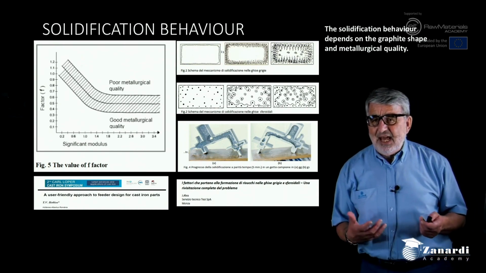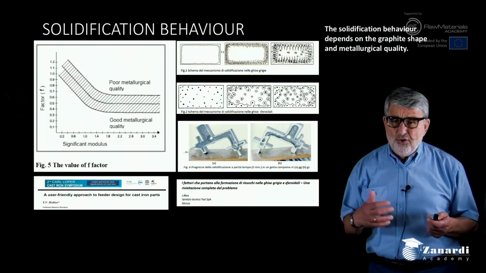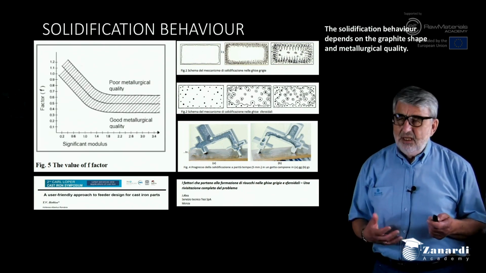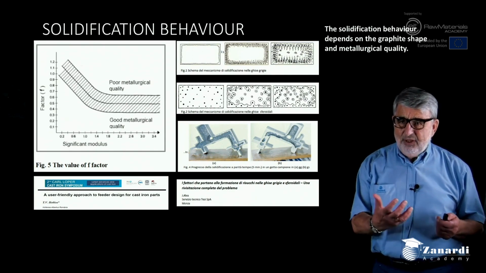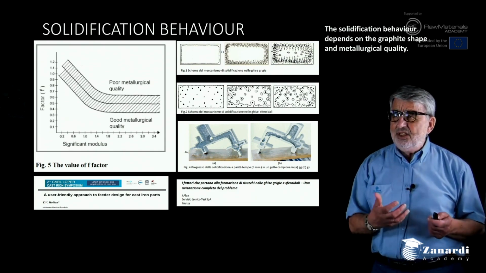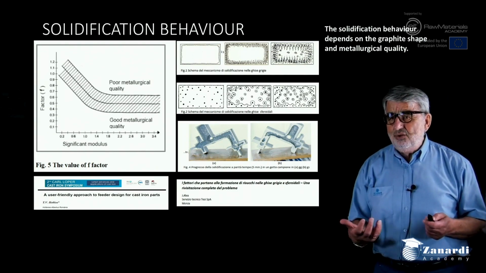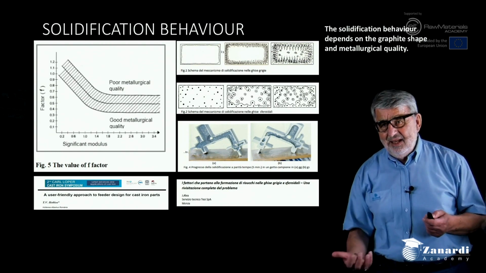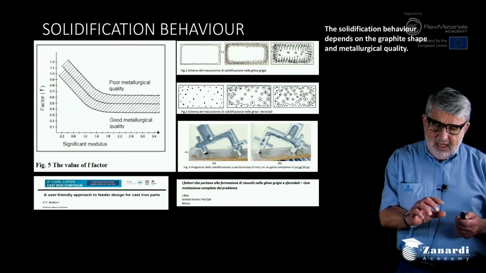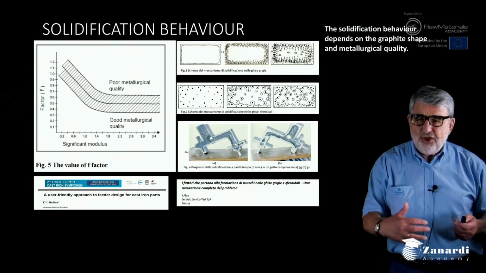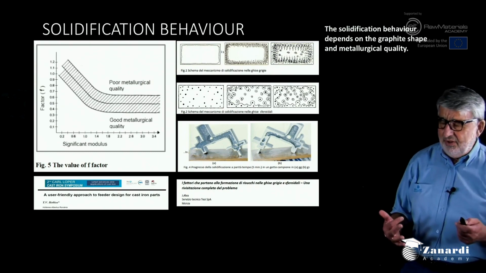For lamellar graphite iron, we have a normal diffusion in the liquid of the carbon contained in the liquid to the graphite lamellae that are growing by addition of new atoms of carbon during solidification.